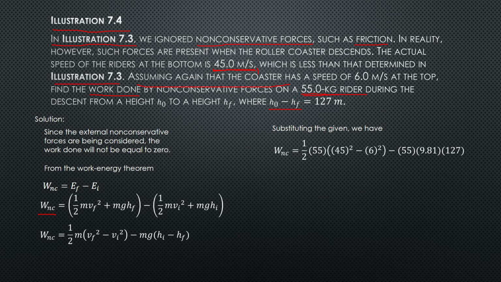Then substituting the values, we have one half, mass is 55 kilograms, final speed is 45 meters per second squared, minus 6 meters per second squared, minus m, where mass is 55, g is 9.81, then h initial minus h final is 127 meters.